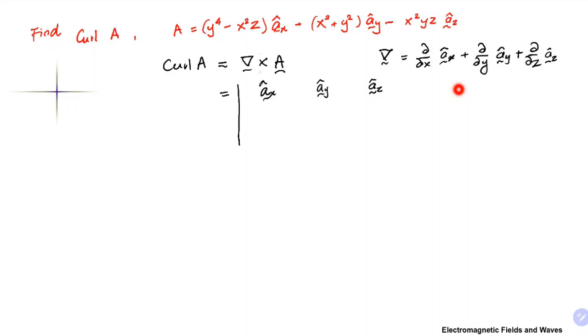Second row is my del operator: del over del x, del over del y, del over del z. And then the last row will be my A. That will be y to the 4 minus x squared z, and then x squared plus y squared, and then minus x squared y z.